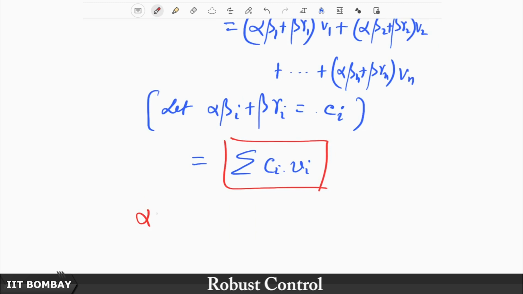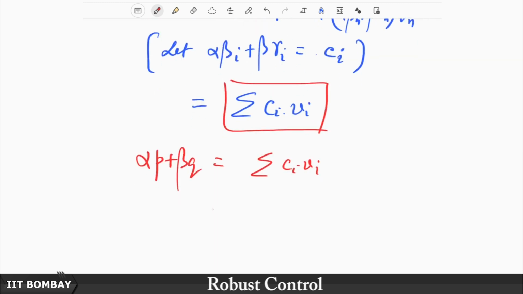In other words, alpha p plus beta q is equal to summation Ci Vi. This merely implies that alpha p plus beta q belongs to the span of V1, V2, likewise till Vn.